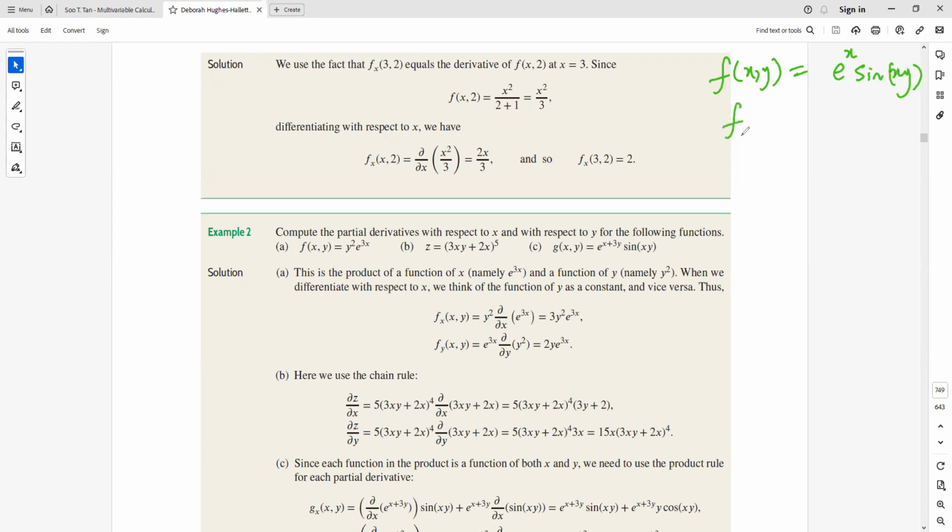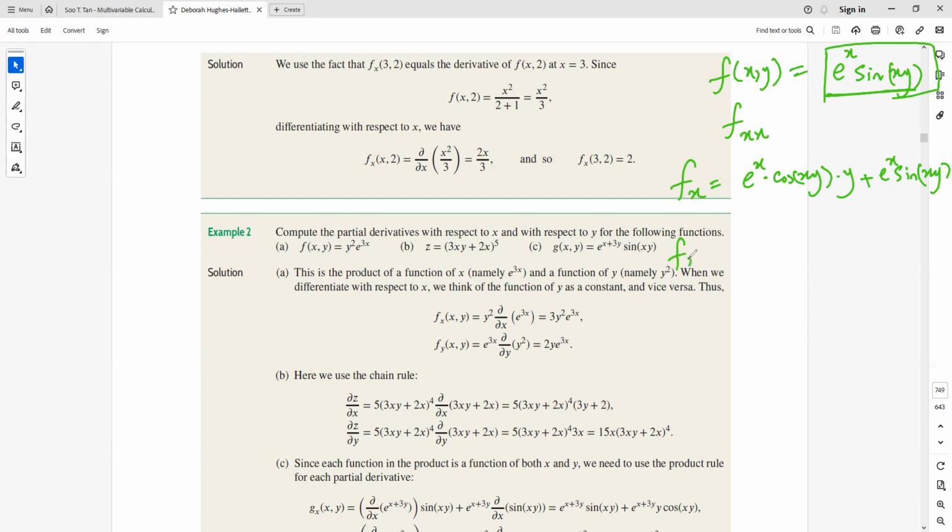Now I'm interested in finding fxx, so I need to differentiate this function twice. First I will find fx, that is I will apply the partial with respect to x. So I will get e power x times cos xy times y plus e power x times sine xy. Now we treated this y as a constant here.